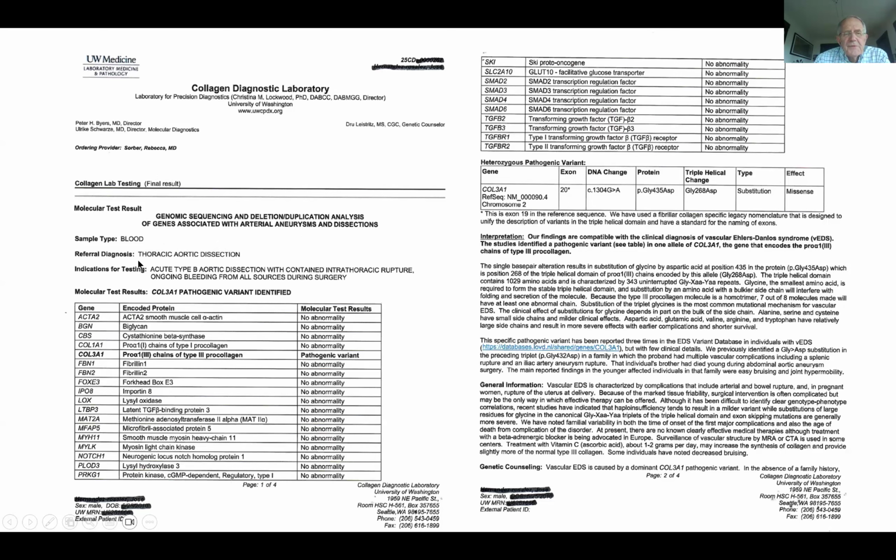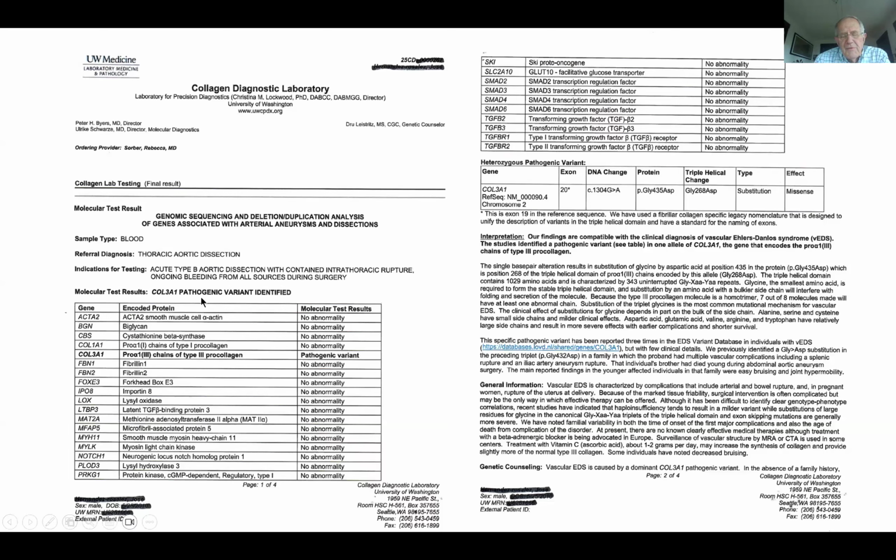The referral diagnosis was a thoracic aortic dissection. And the indications for testing was an acute type B aortic dissection with contained intrathoracic rupture, ongoing bleeding from all sources during pregnancy. And the molecular test result is right here. That is a word description of it, which is a COL3A1 pathogenic variant identified.